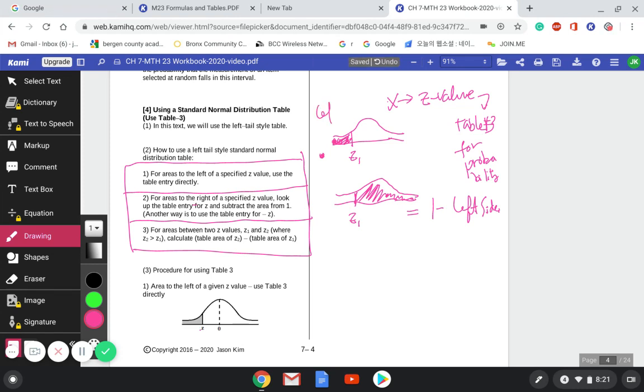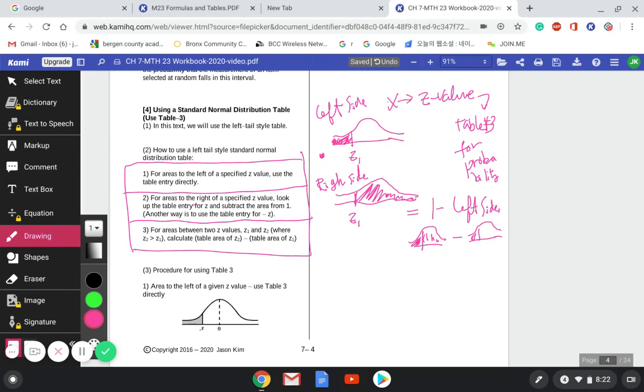So if they are looking for the right side value, you do 1 minus the left side, because the total is always 1.